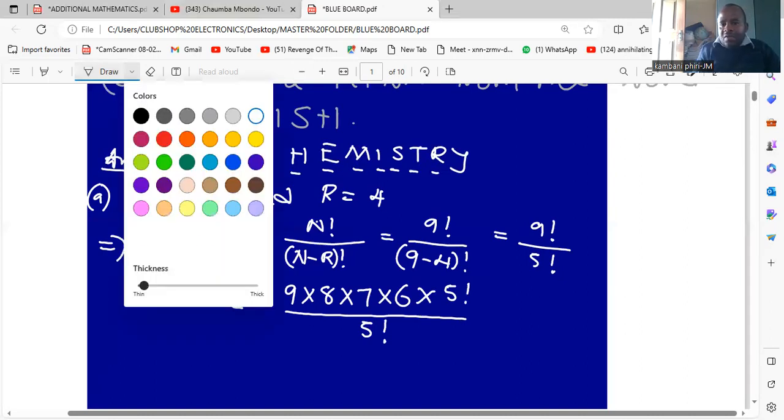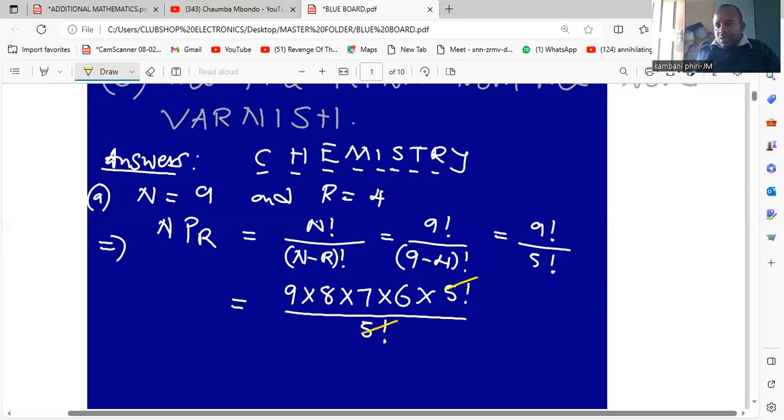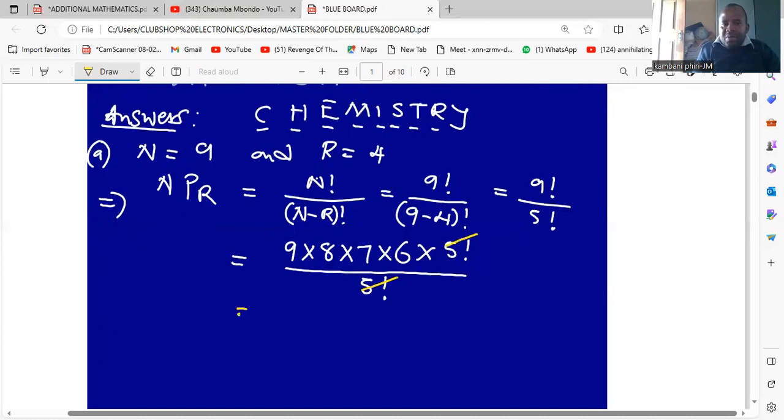So 5 factorial and 5 factorial will cancel. Therefore, it remains with 9 times 8 times 7 times 6. So 9 by 7 by 6 by 8. I skipped 8. So we get 3024 arrangements.